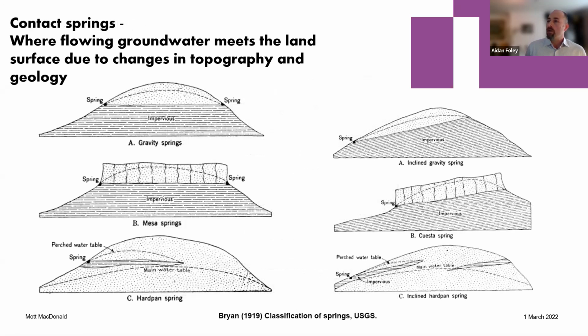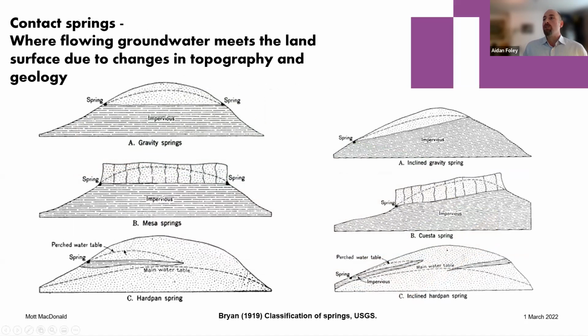Contact springs, we're starting to involve a little more geology. In a contact spring, often these appear where we have a permeable deposit layered over the top of an impermeable deposit, and the springs appear at the junction of the two deposits. We can see a couple of different examples here. Obviously, this is an American example.